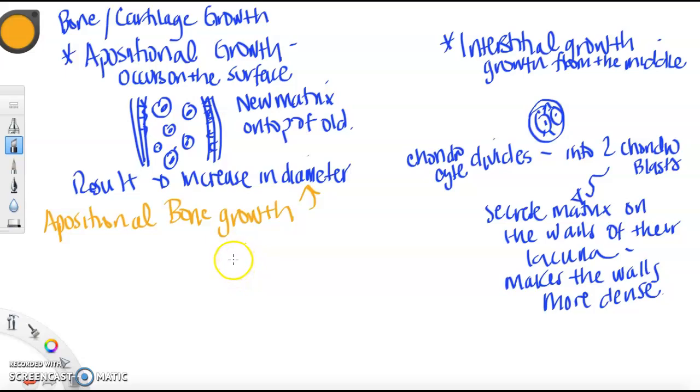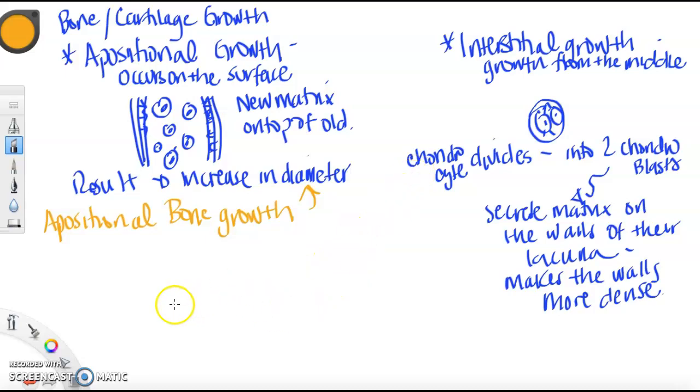You have your bone, and you have osteoblasts that come from the inner layer of the periosteum, and those cells become osteoblasts, and then they secrete bone onto the existing bone matrix. So that increases, again, the diameter of the bone. It works the same way.